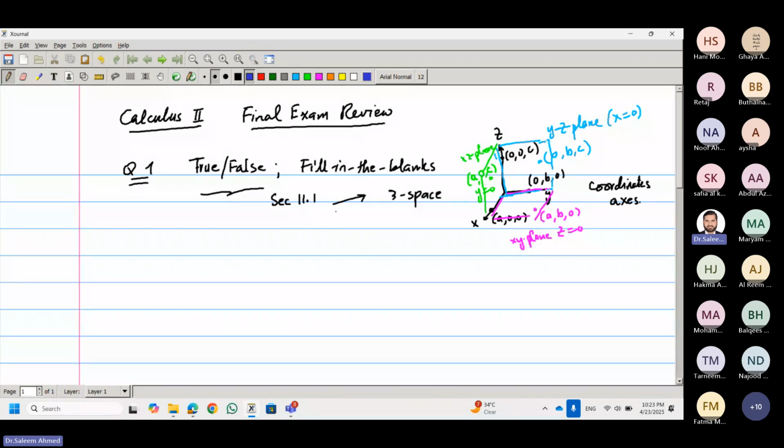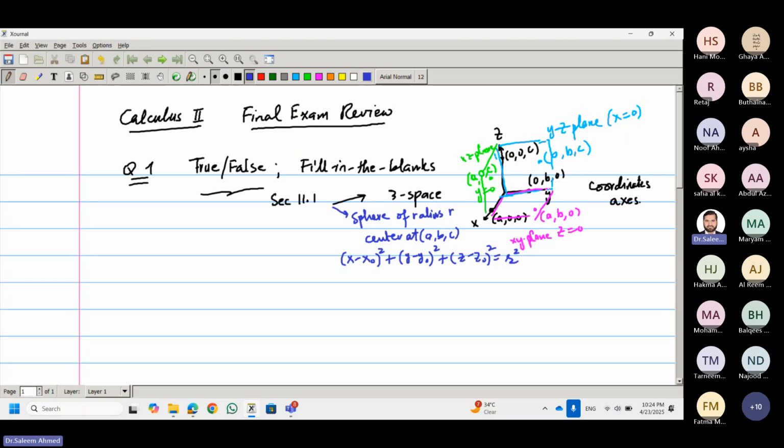Then we had a sphere, right? A sphere of radius r and center at a, b, c. If this is your sphere, then the equation of the sphere is (x minus x naught) squared plus (y minus y naught) squared plus (z minus z naught) squared is equal to r squared.